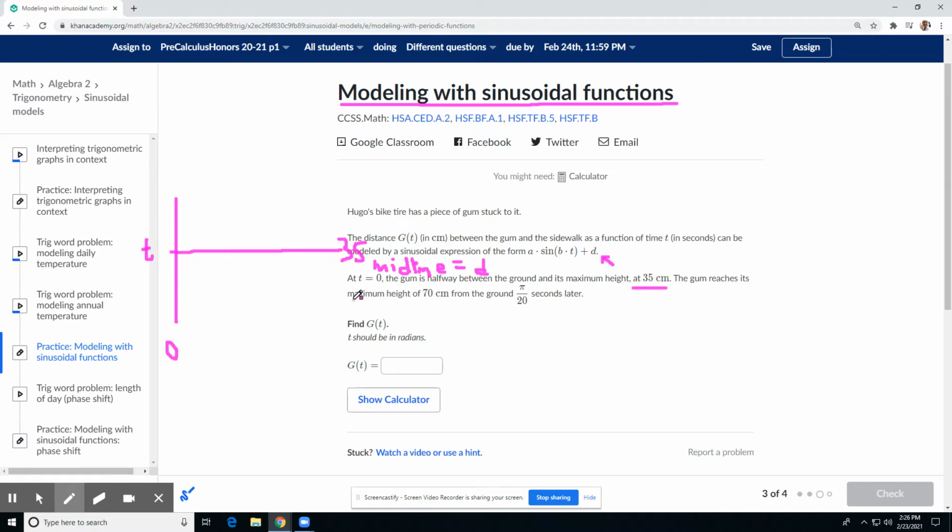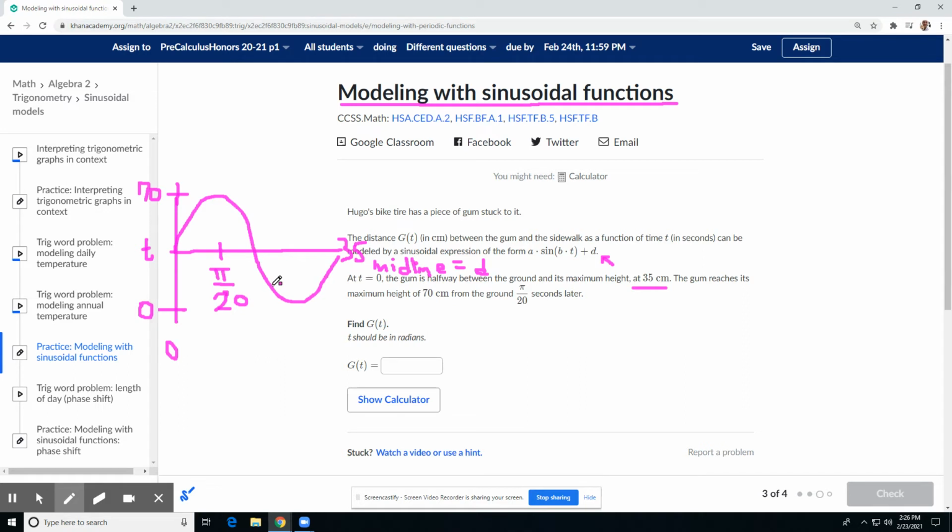The gum reaches its maximum height at 70 centimeters from the ground. So that's our max. That's at 70. From the ground, pi over 20 seconds later. Okay, so it maxes out right there, and then it has that sine curve to it, where this is our 0 on the ground.